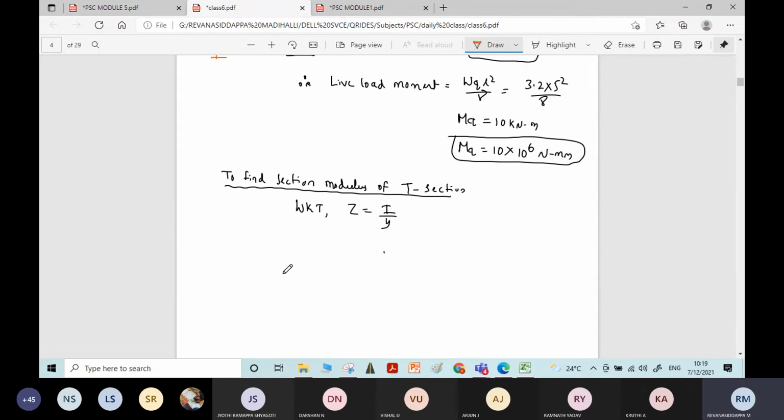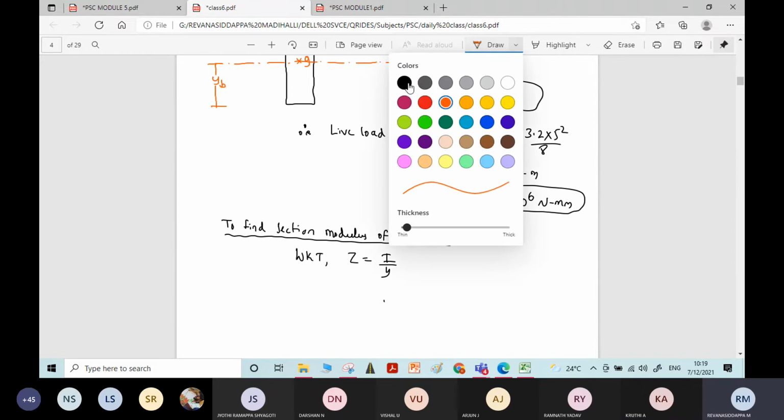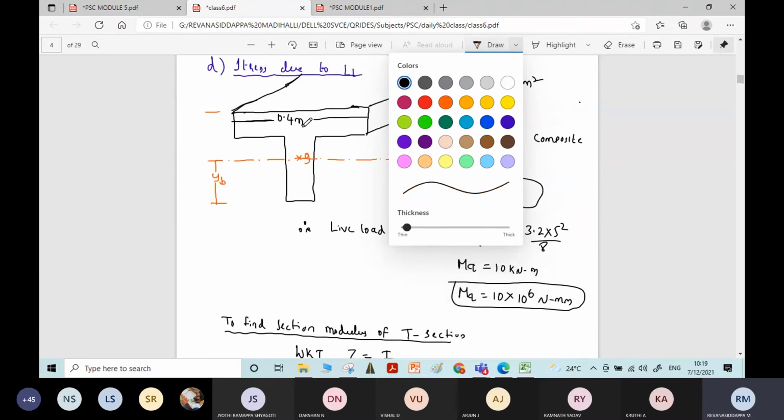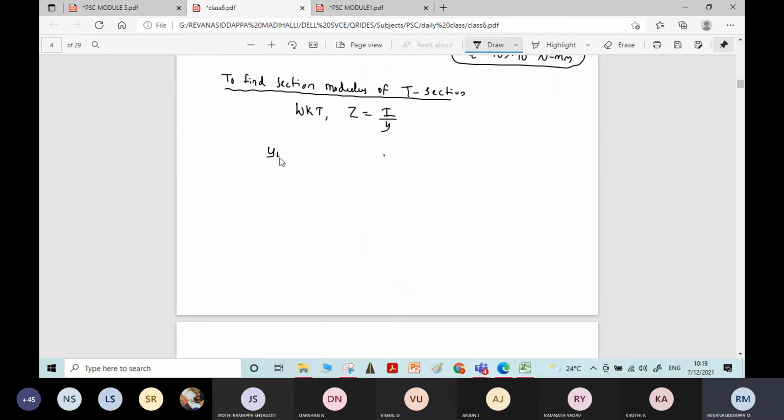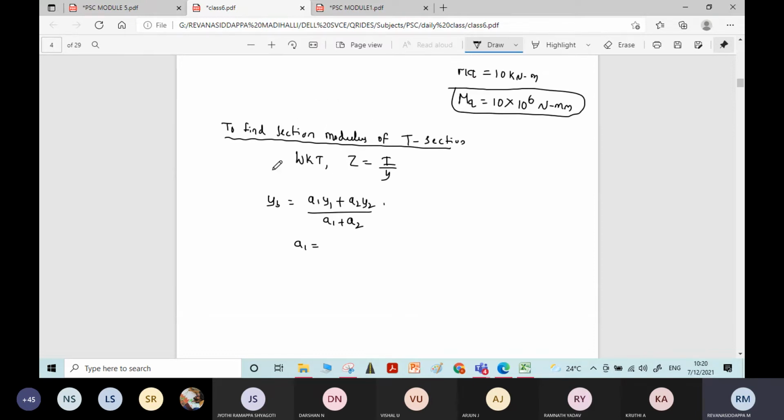Therefore, YB is equal to, here there are two rectangles. One is web, one is flange. To find centroid, the formula is A1 Y1 plus A2 Y2 divided by A1 plus A2.